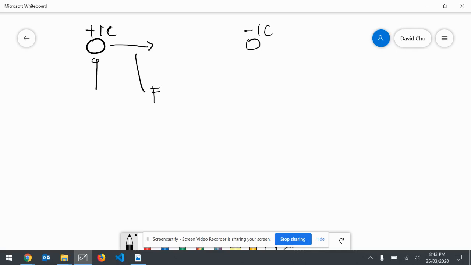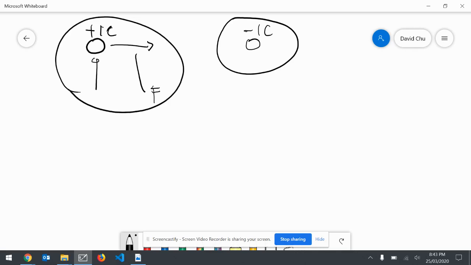And so basically, the idea of fields is that any charged particle is going to exert some form of work potential around them. So in the presence of this charge, this charge has potential to do work.